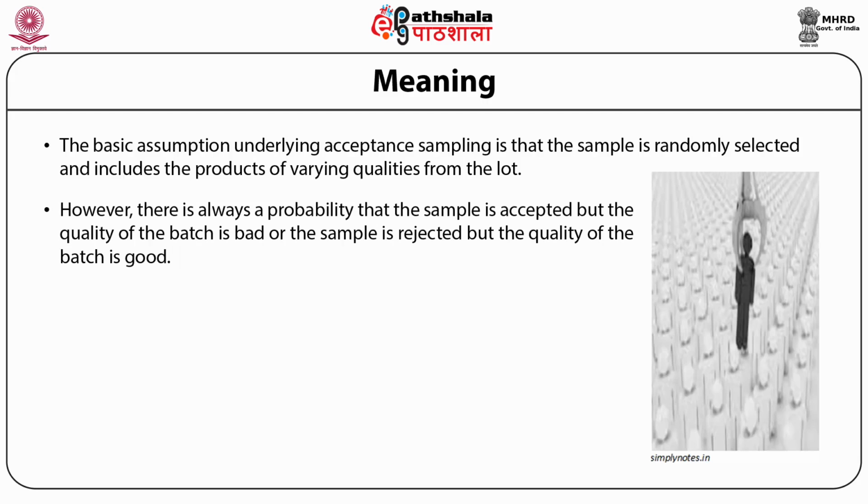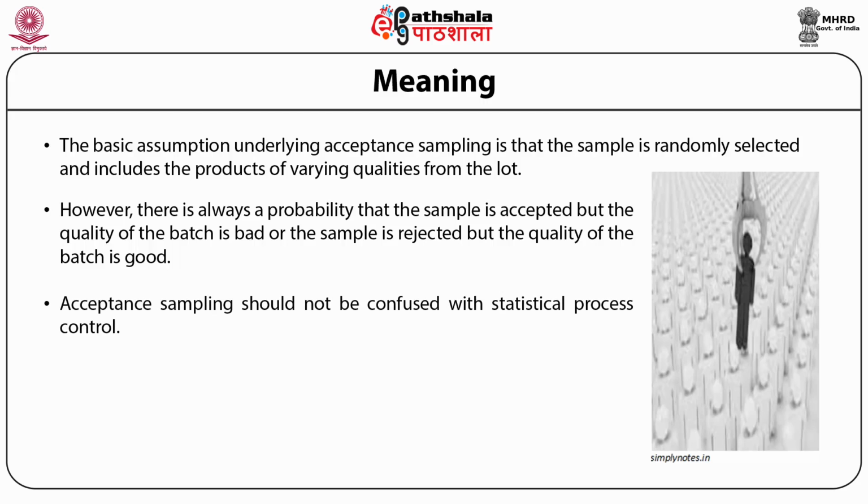However, there is always a probability that the sample is accepted but the quality of the batch is bad, or the sample is rejected but the quality of the batch is good. But by increasing the batch size, increasing the sample size, or by inspecting more than one sample, a more reliable conclusion can be made and better decisions for accepting or rejecting the lot can be taken.